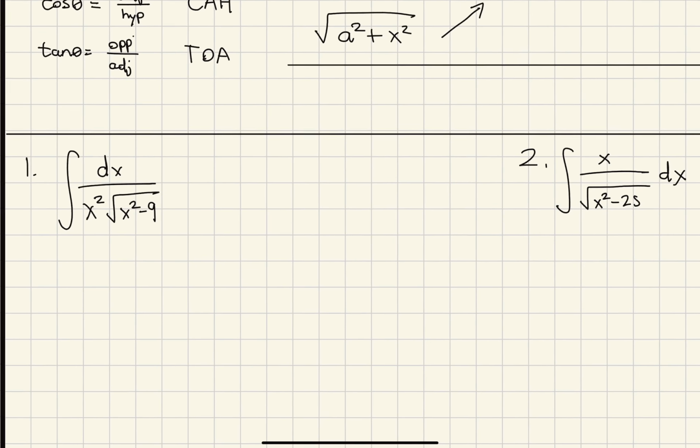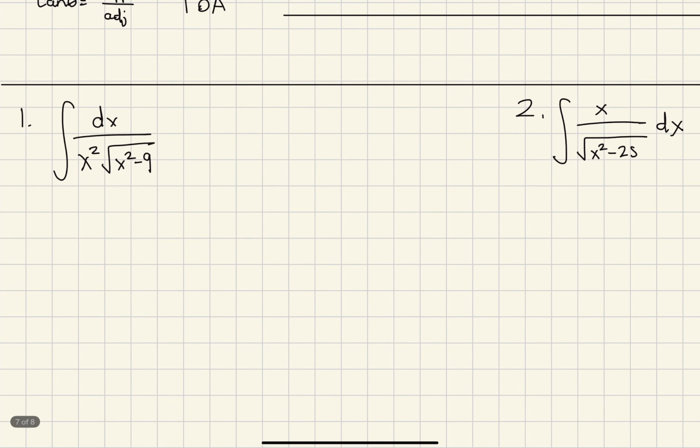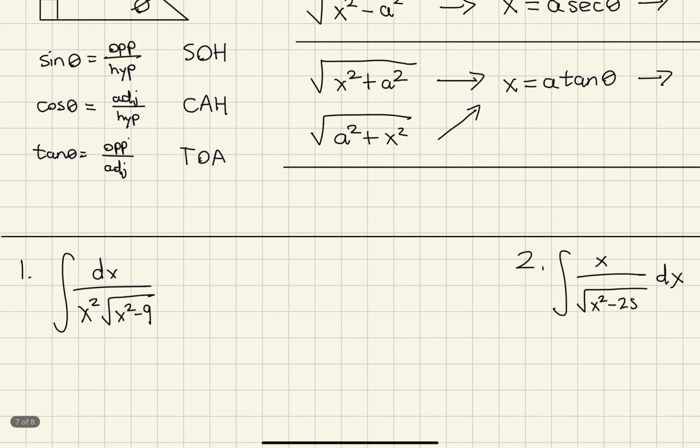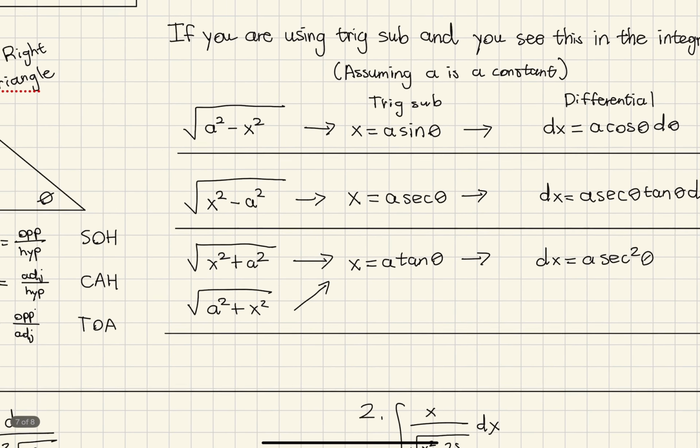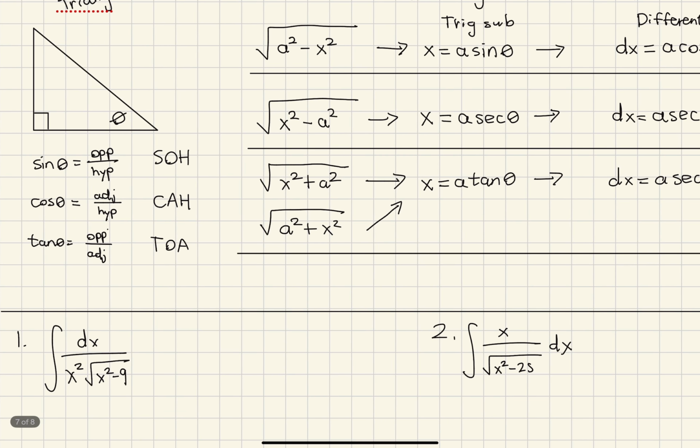The first example. From here, you could see that it's not possible to do u substitution since u would be equal to 2x, and then x would still stay in the integral. So we're gonna pull one of our trig substitutions. x is first, and then a.